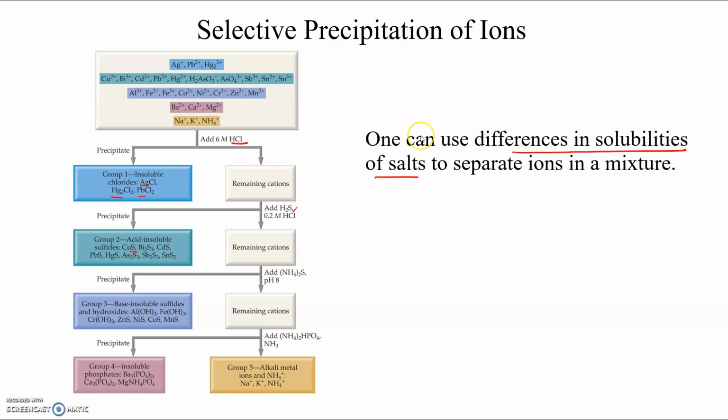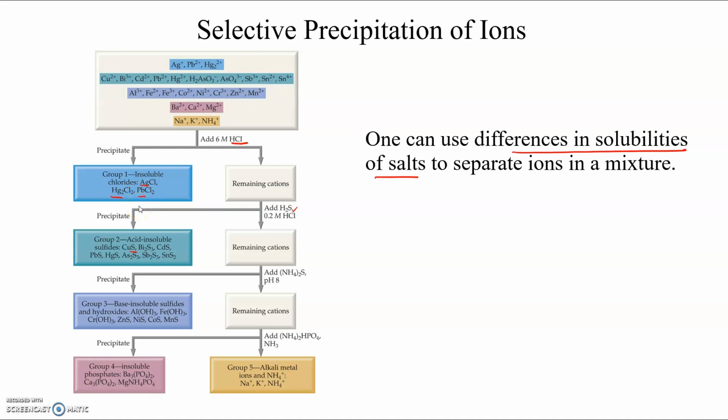Selective precipitation means using the differences in solubilities of the salts so we can separate the ions in a mixture. For example, if we have all these ions in our mixture and we add 6 molar hydrochloric acid, the silver, mercury 1 and lead combine with the chloride and precipitate out of the solution as silver chloride, mercury 1 chloride and lead 2 chloride.